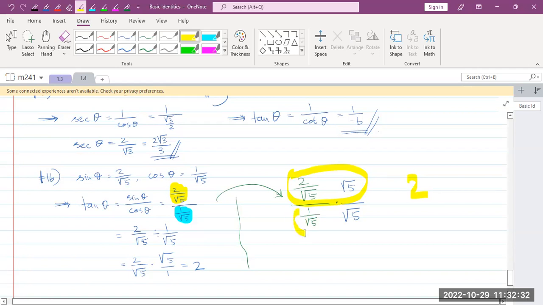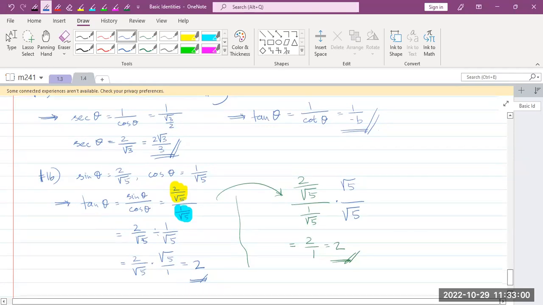When I multiply the bottom, the radical 5 cancels and that gives me 1. This has something to do with pre-algebra, which I taught in my pre-algebra class. You can also do it that way. That's for number 16.